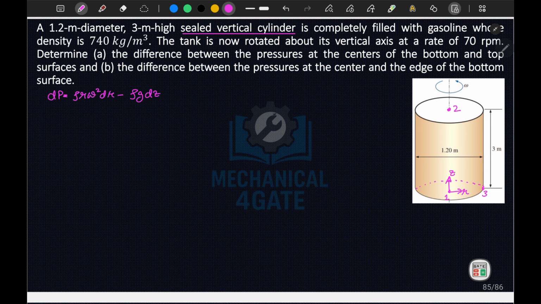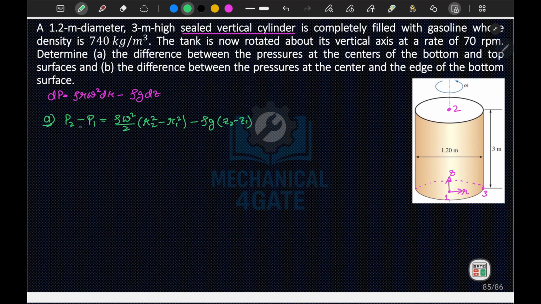In part A, we have to calculate the difference between pressure at center of bottom and top surface, so P1 minus P2. We'll integrate it from P1 to P2, so P2 minus P1 is equal to rho omega square by 2 times R2 square minus R1 square, minus rho g times Z2 minus Z1.